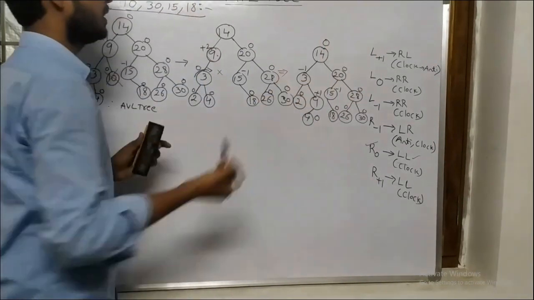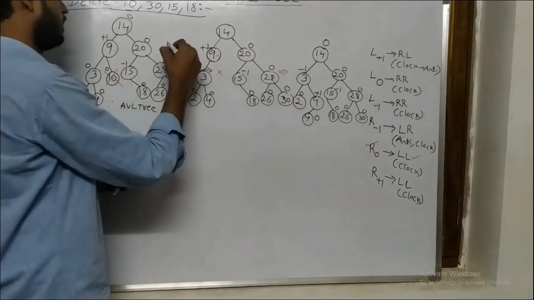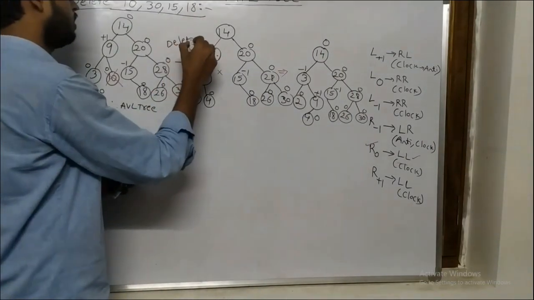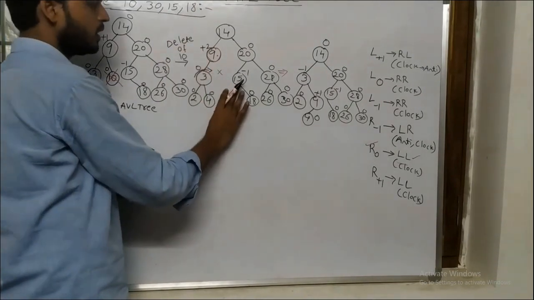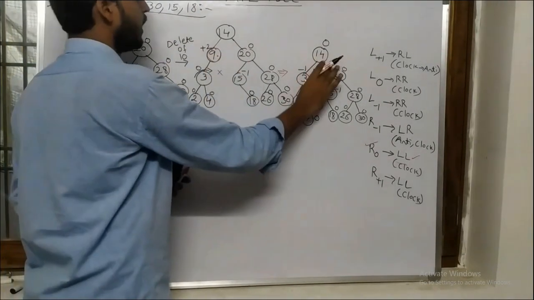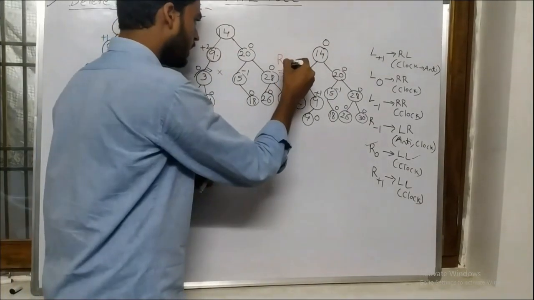So now the tree is an AVL tree. Deletion of 10 made my tree like this, and because of this the tree was invalid. So to make it valid, I applied R0 notation.